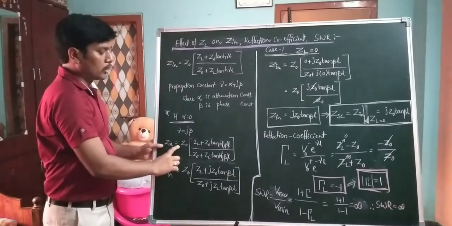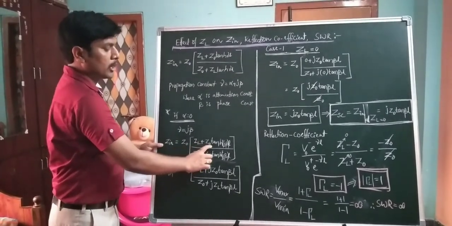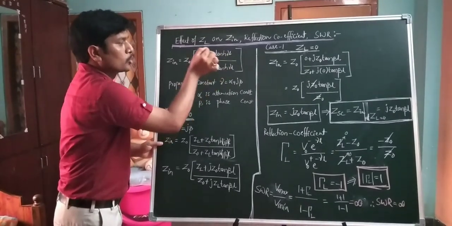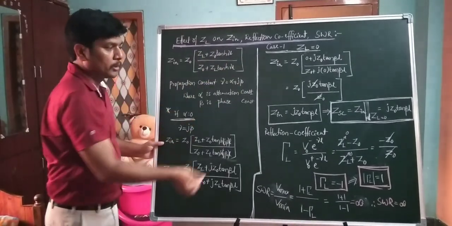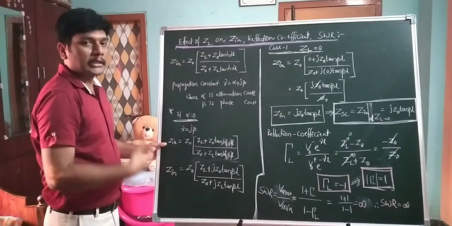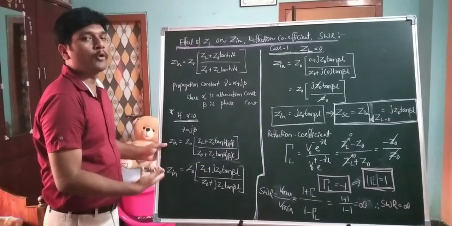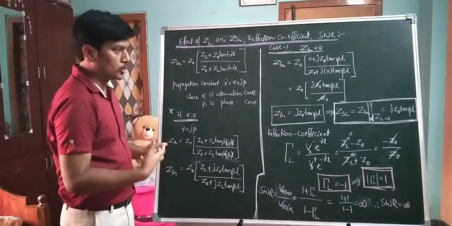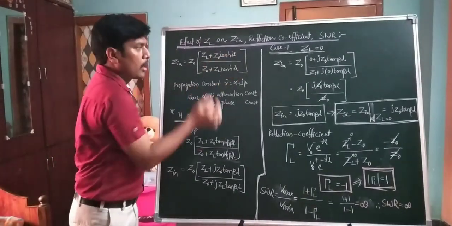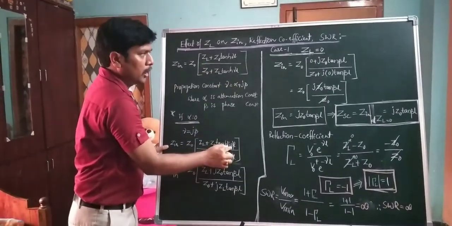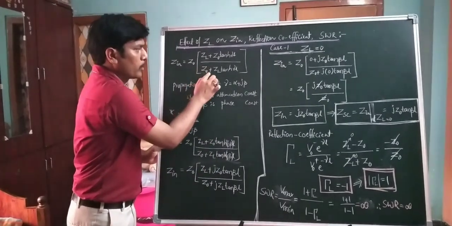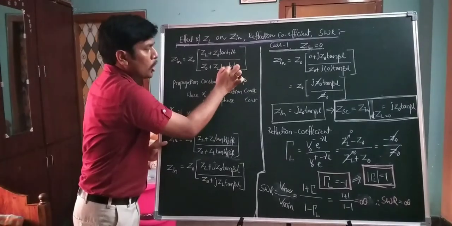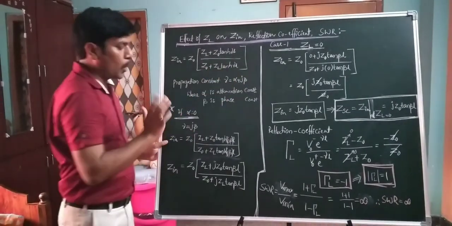So Zin is equal to Z0 into (ZL plus Z0 tanh gamma L). In place of gamma, we substitute alpha plus j beta. But if we select the condition such that alpha equal to 0, that is, attenuation in the transmission line is equal to 0, then we have gamma as j beta, so gamma L becomes j beta L, divided by Z0 plus ZL into tanh.